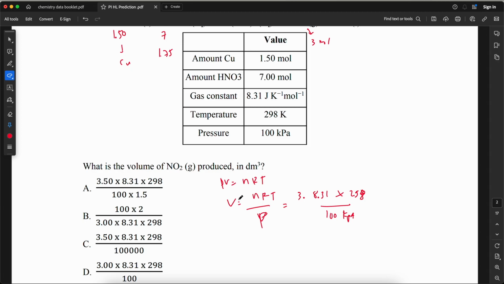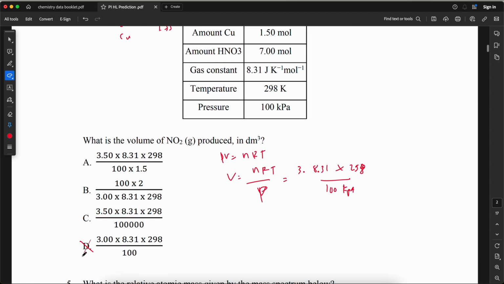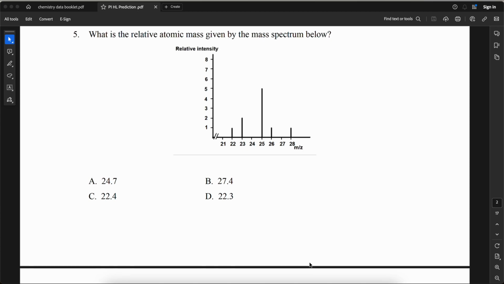Okay, so the answer would be D. What is the relative atomic mass given by the mass spectrum below?